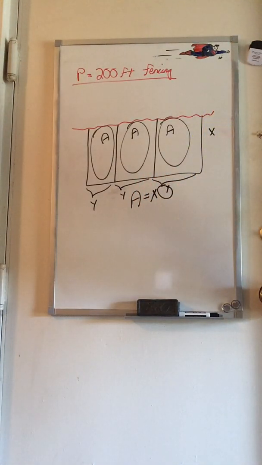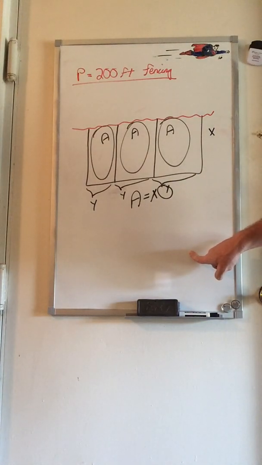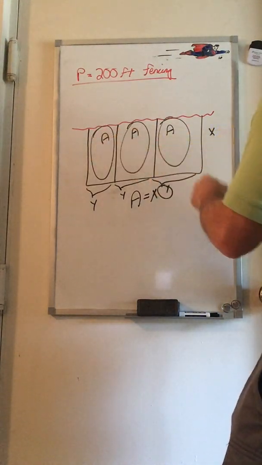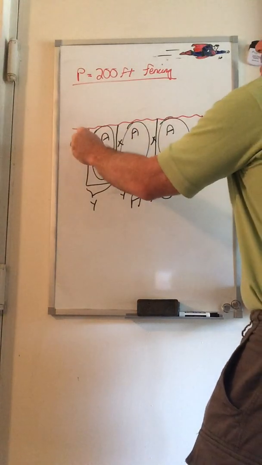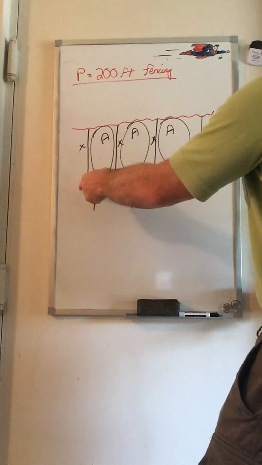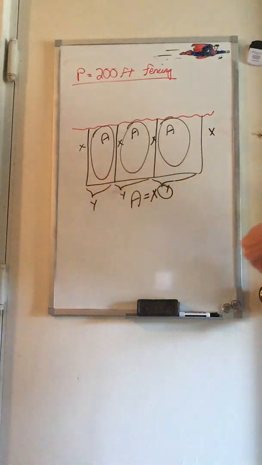You'll then need an equation that will allow you to get rid of one of those variables. But you have 200 feet of fencing. And again, do the same thing. Label the sides. If this is X, this is X, this is X, this is X. This will change based on how you choose to do it. Either you'll have just Y, or you'll have Y plus Y plus Y, based on how you choose to set it up.